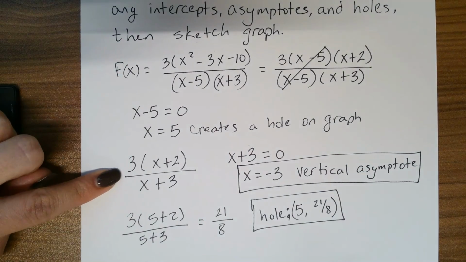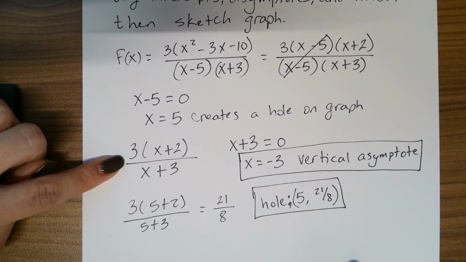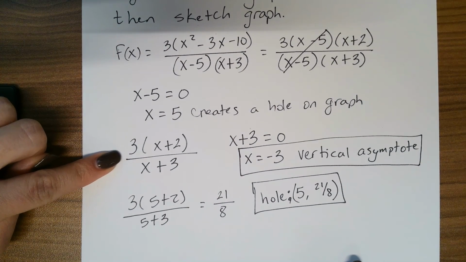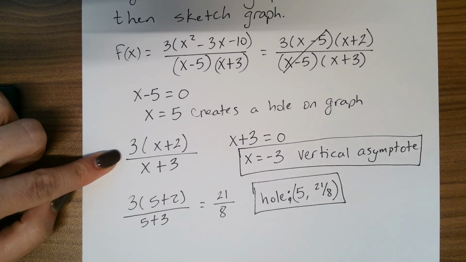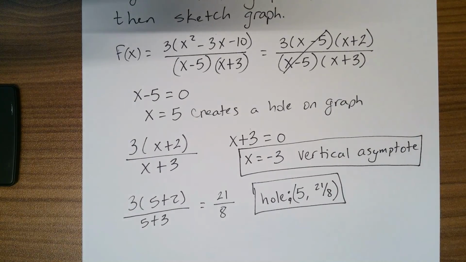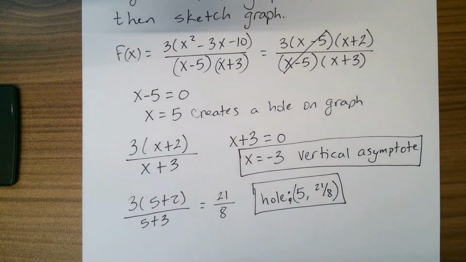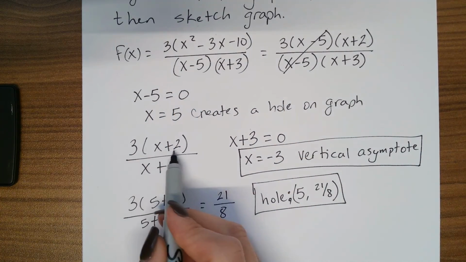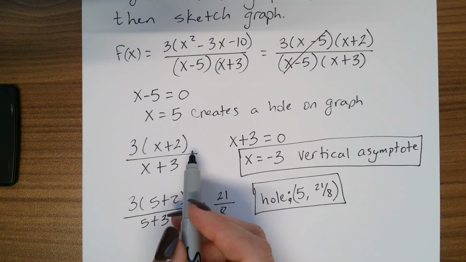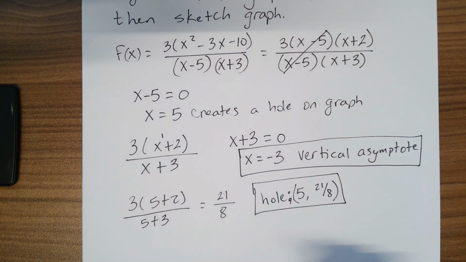So I'm just going to keep on with my simplified form, 3 times x plus 2 divided by x plus 3. Finding now the horizontal asymptote, if you notice the highest exponent in the numerator is the same as the one in the denominator. If I multiplied 3 times x plus 2, I'd just get 3x plus 6, so the highest exponent would be 1.